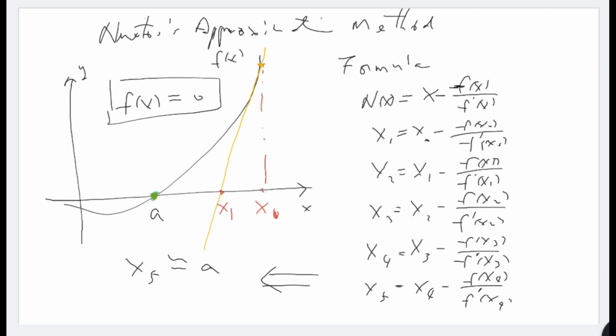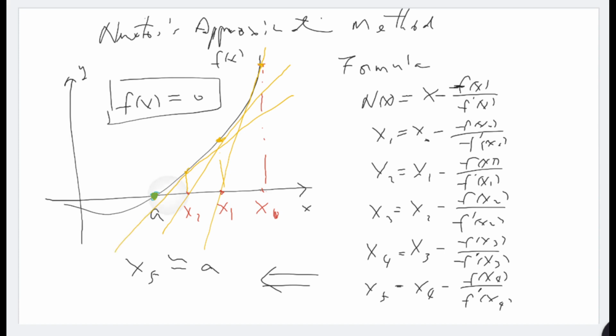And at this new location x1, you do another tangent line. You do a second tangent line. Again, find the x-intercept of this line, called x2. Repeat this. At x2, you do a tangent line.